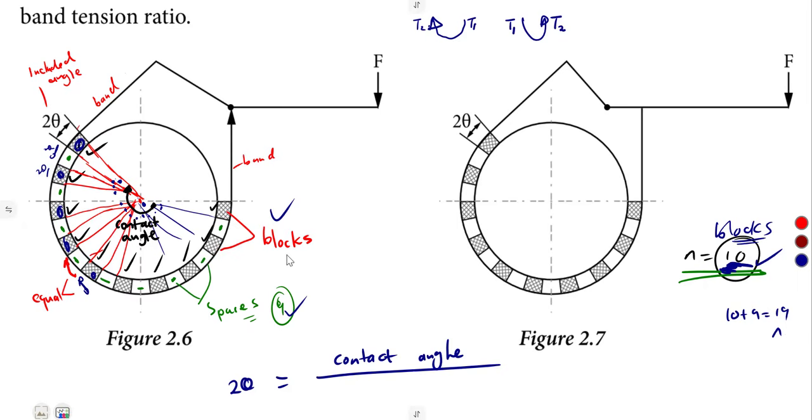The blocks that we are given, which is the number of blocks, plus the number of spaces. Number of what? Spaces that you're given, the ones that are in between the blocks. How many spaces do we have there?